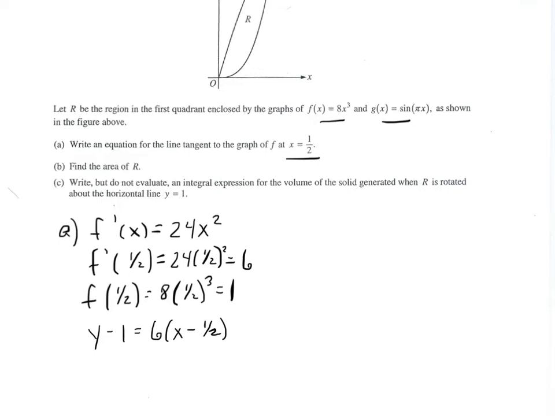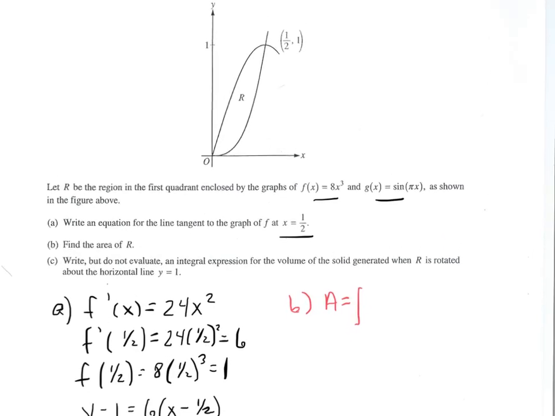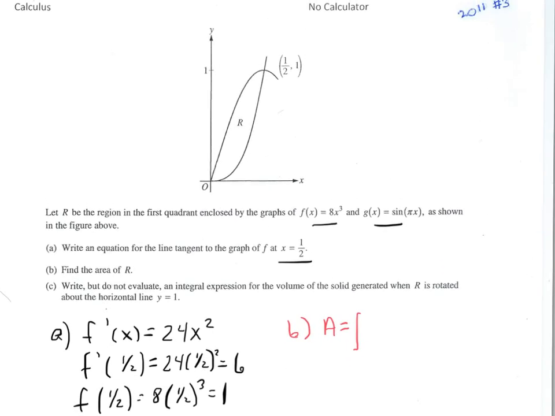Part B, we need to find the area of the region. Okay. So area, we know that our lower limit will be 0 and that our upper limit will be x equals 1/2. So we're going from 0 to 1/2. And there's our rectangle.